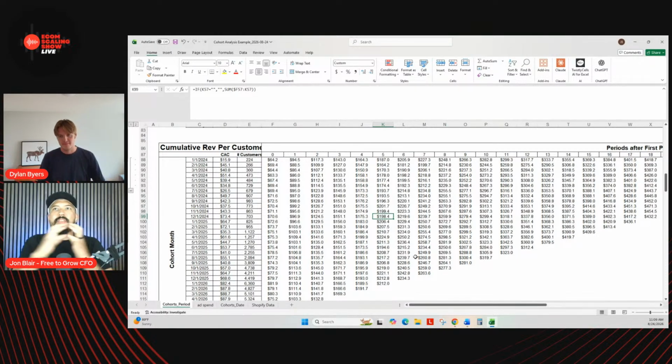So if we think about this now, sometimes we talk about this on the Ecom Scaling Show a lot, and I actually talk to Free to Grow clients and prospects in this manner as well. I always say NC CAC, new customer CAC. Now, I don't think you necessarily have to if you know that CAC specifically applies to ad spend to acquire a new customer.